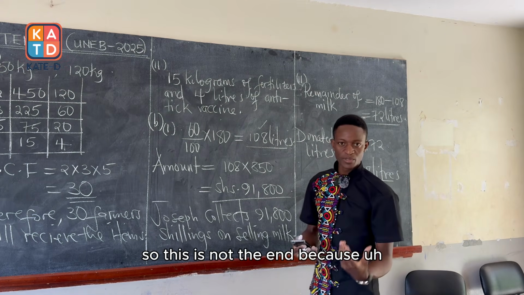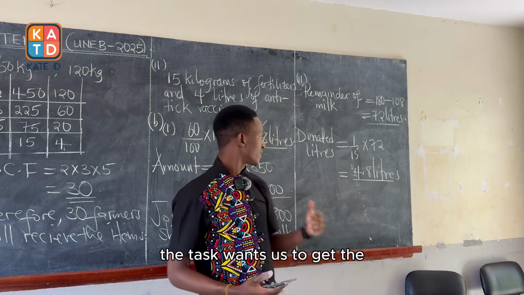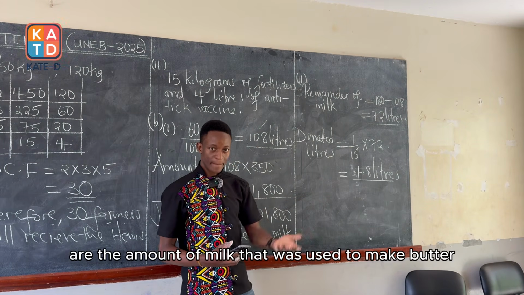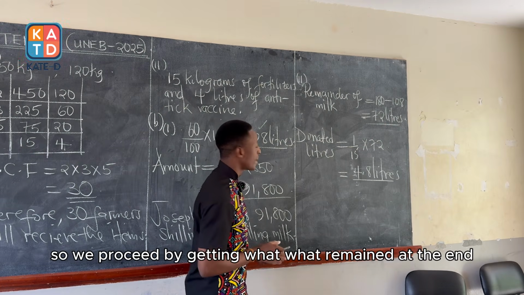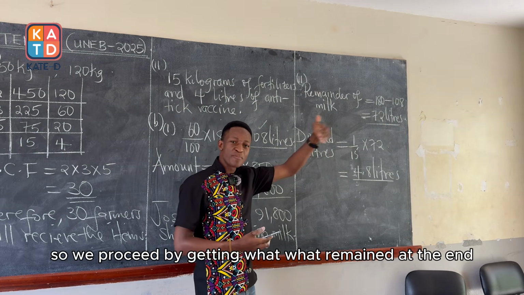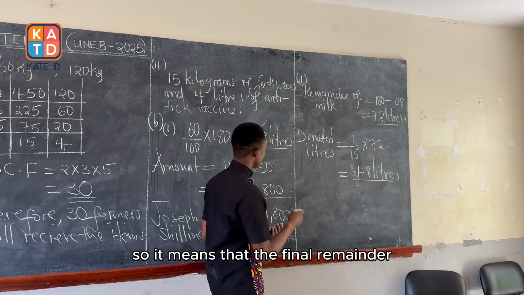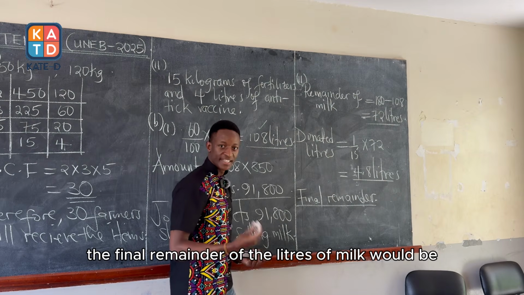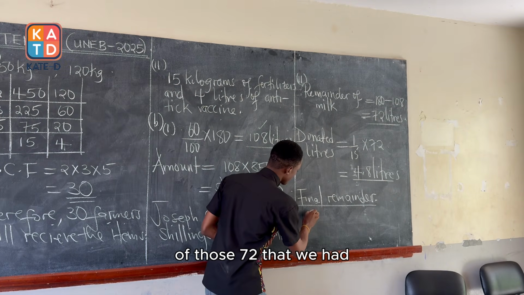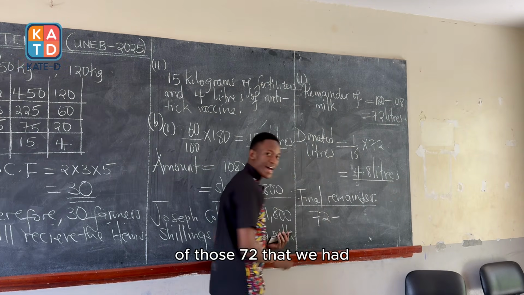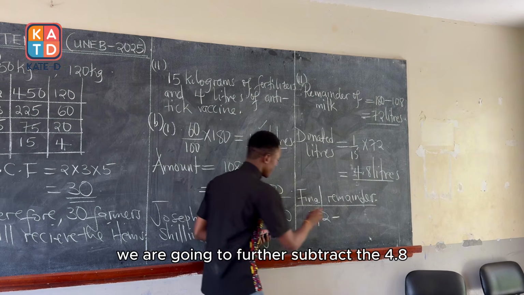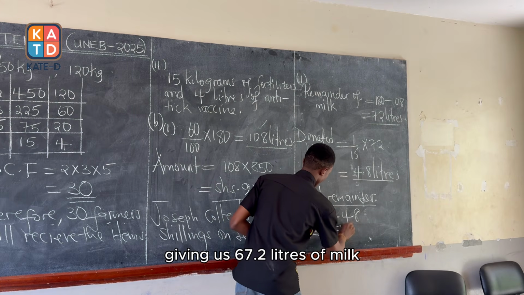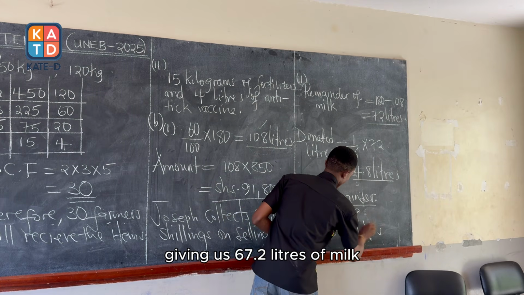So this is not the end, because the task wants us to get the amount of milk that was used to make butter. So we proceed by getting what remained at the end. So it means that the final remainder of the liters of milk would be, of those 72 that we had, we are going to further subtract the 4.8, giving us 67.2 liters of milk.